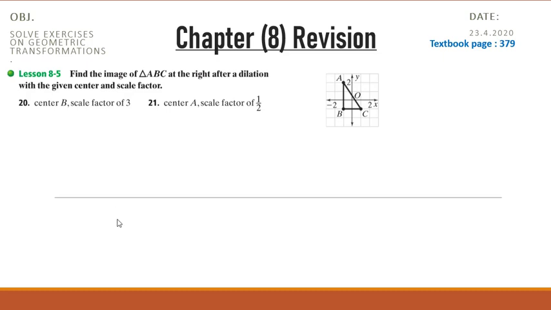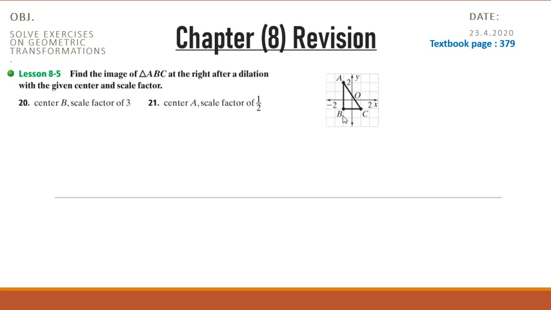In this question, find the image of triangle ABC at the right after a dilation with the given center and scale factor. The first one, center B and scale factor of 3. Guys, I want to tell you something.